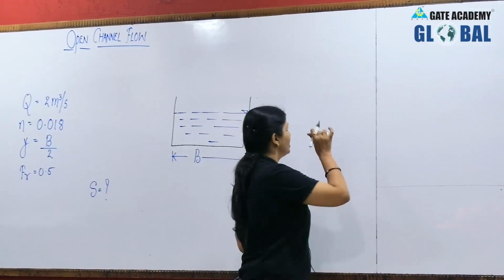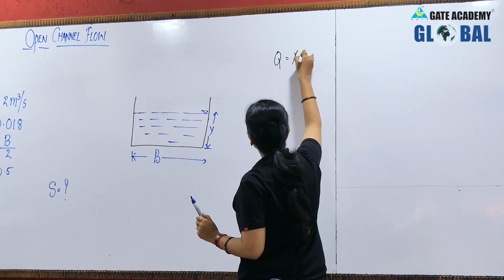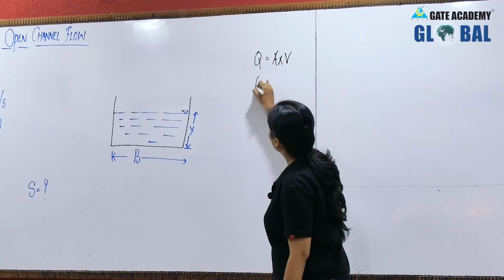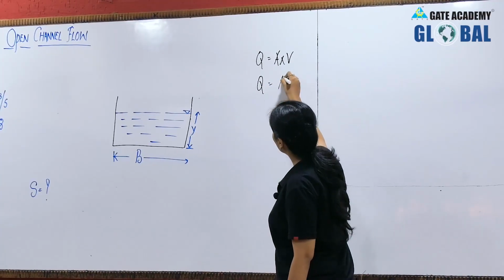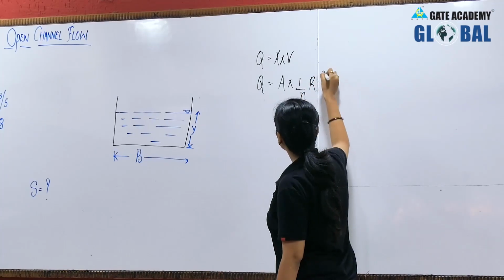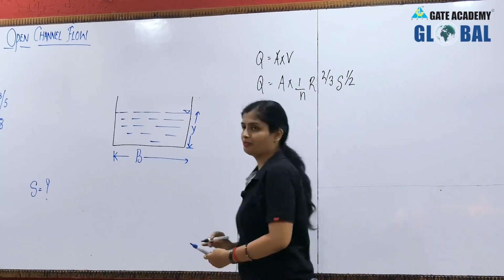Now, how can we approach? Do you know that Q is equal to area into velocity? This you know, right? Now, Q is equal to, in place of velocity you can write 1 by n R to the power 2 by 3 S to the power 1 by 2.